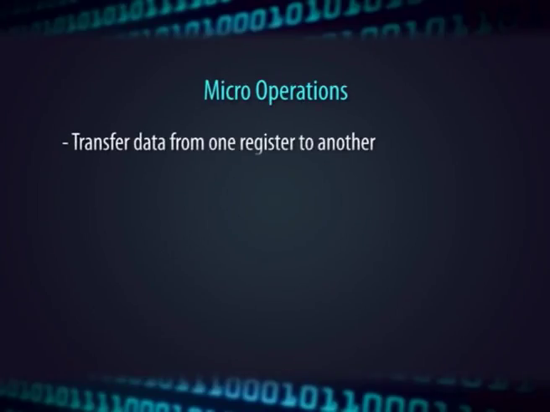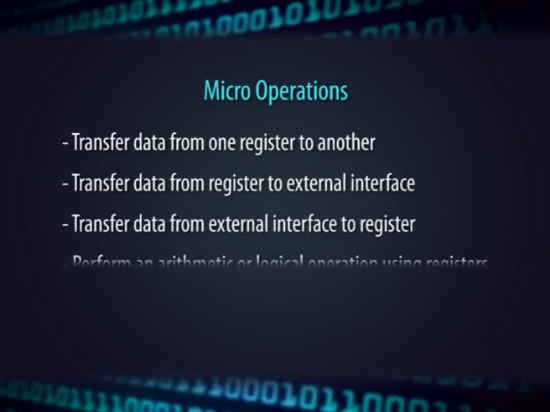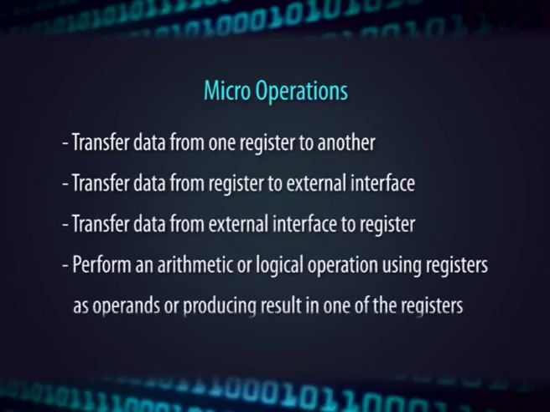First category is transfer data from one register to another, transfer data from register to external interface, transfer data from external interface to register, perform an arithmetic or logical operation using registers as operands, or producing result in one of the registers.